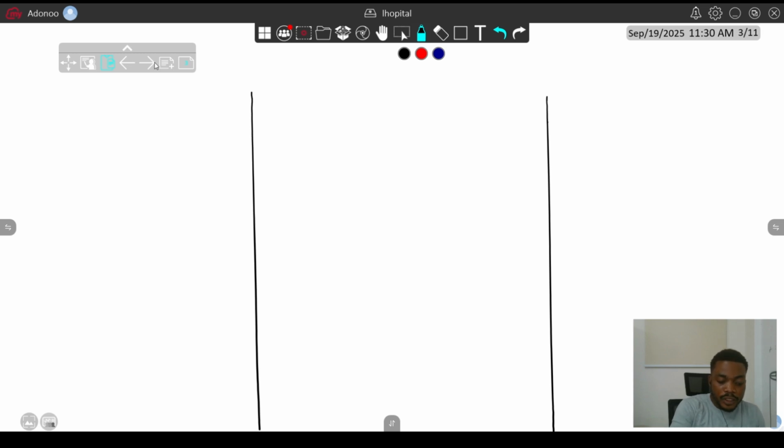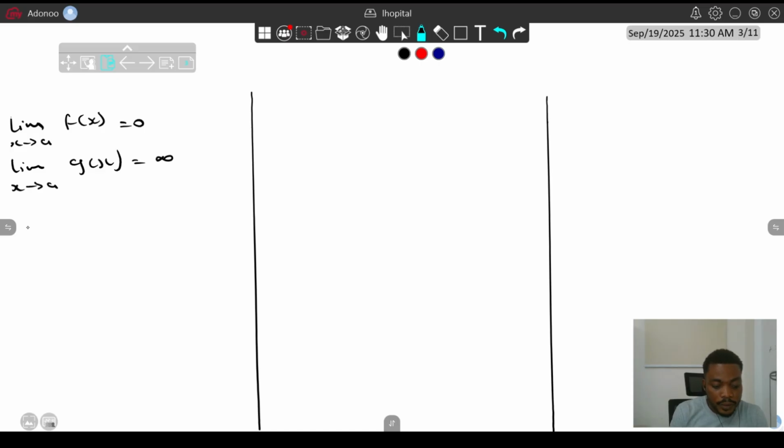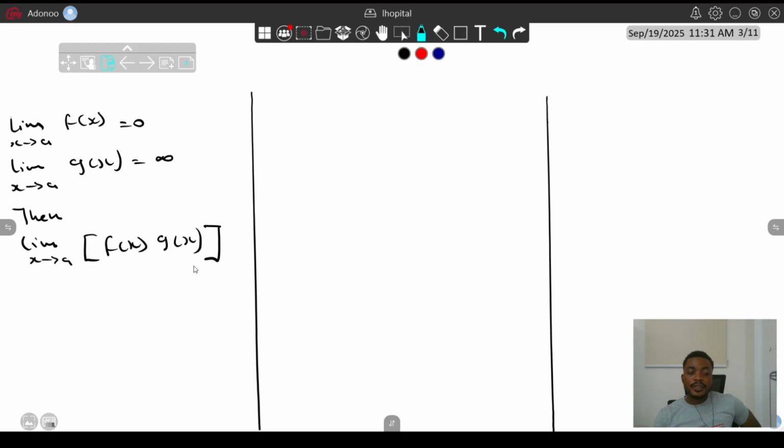Now, if we have the limits of two functions, like say the limit as x approaches a of f of x is equal to 0, and the limit as x approaches a of g of x is equal to infinity, then the limit as x approaches a of f of x times g of x is not clear, because it is going to give us a limit of this form, 0 times infinity.